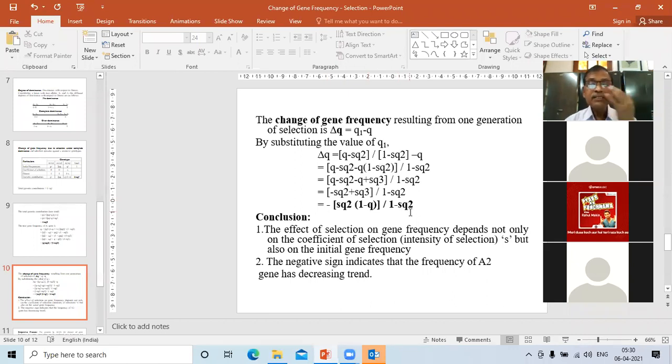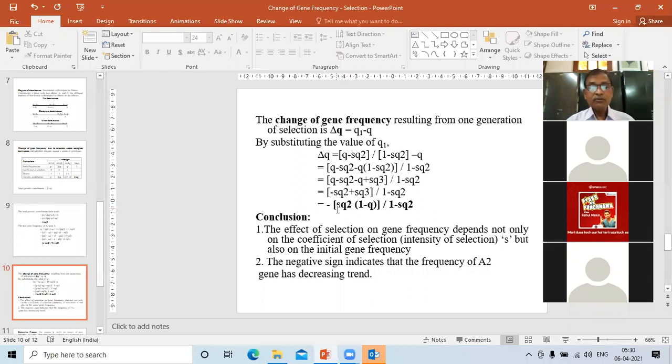That means this is the change of gene frequency due to selection under complete dominance conditions, when selection operates against the homozygous recessive genotype.